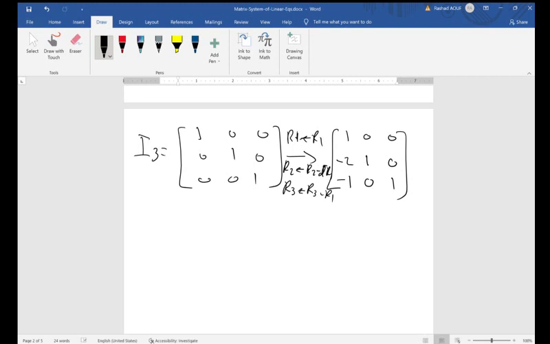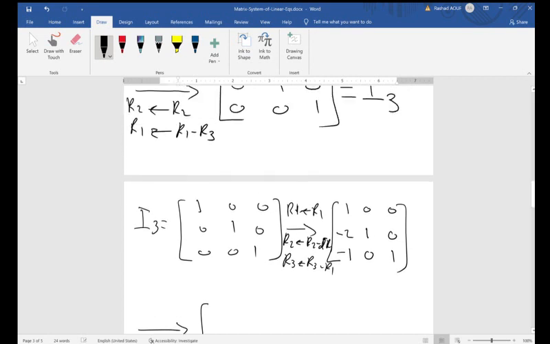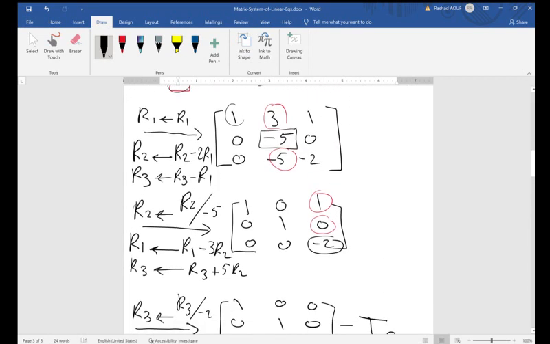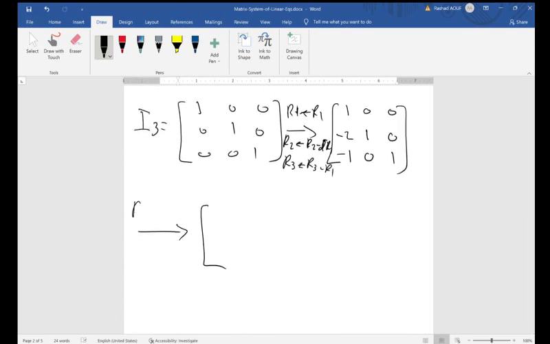So the second step is, as I said, I copy the same operations. Row 2 is row 2 over minus 5. New row 2 is old row 2 divided by minus 5. It will be 2 over 5, minus 1 over 5, and 0.